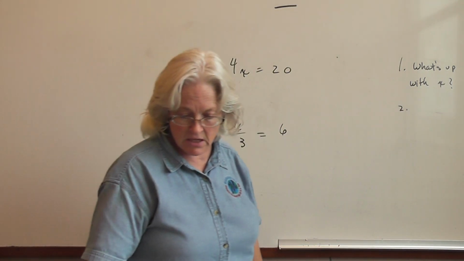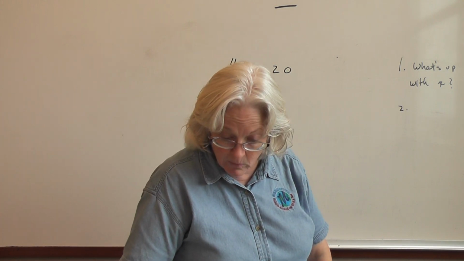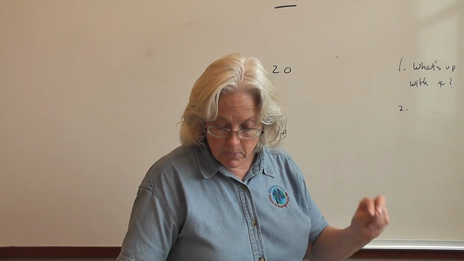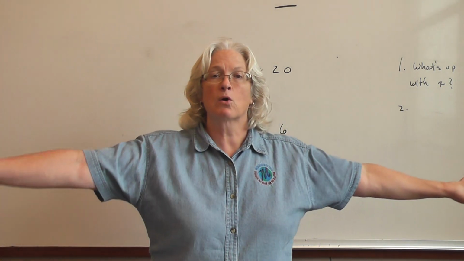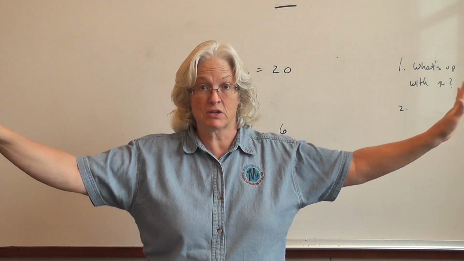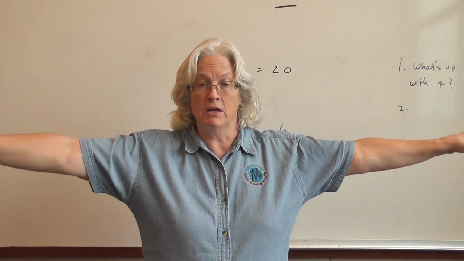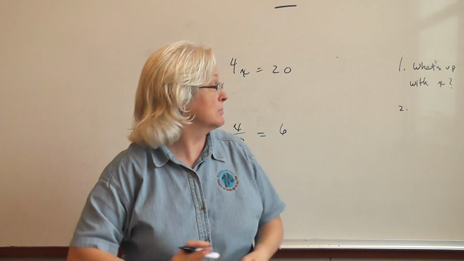And our book tells us again on page 131, undo the operation by performing the inverse operation on both sides of the equation. You remember that an equation is like a balanced seesaw, with the equal sign as the center balancing point.